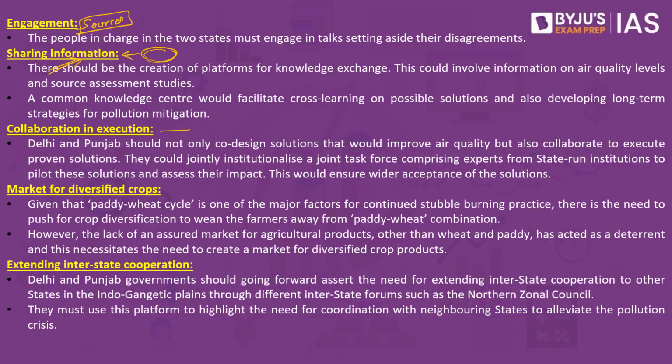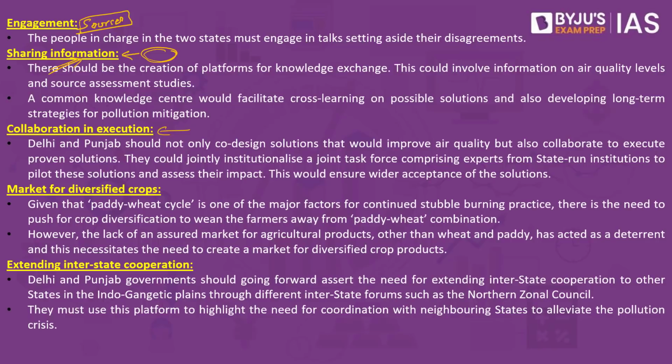Third is in terms of collaboration in the execution. What do we mean by collaboration in the execution? As of now, there is knowledge sharing. After the knowledge sharing is done, if a pilot project is executed successfully in some part of the state or in another state, the same should be exported to other states so that ultimately there is mitigation of pollution.